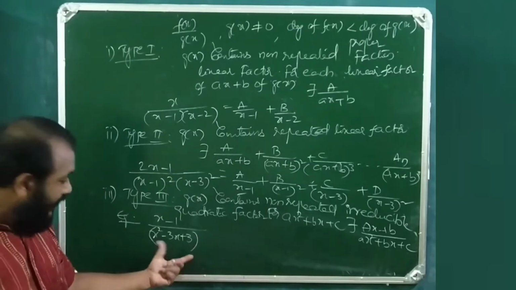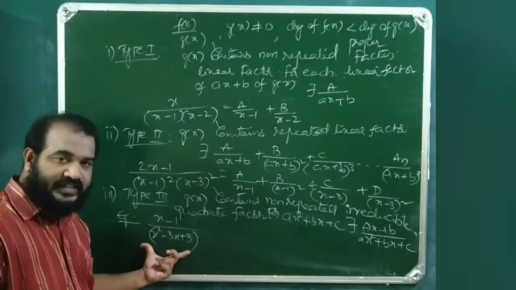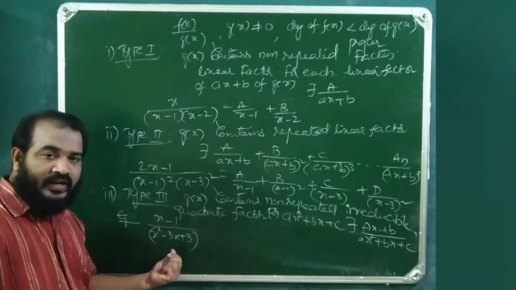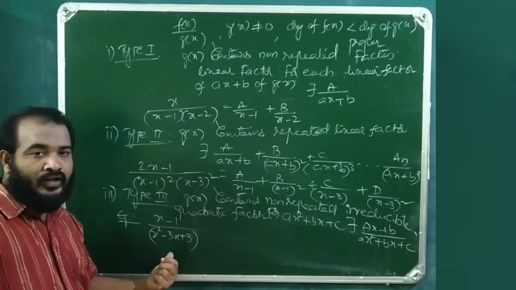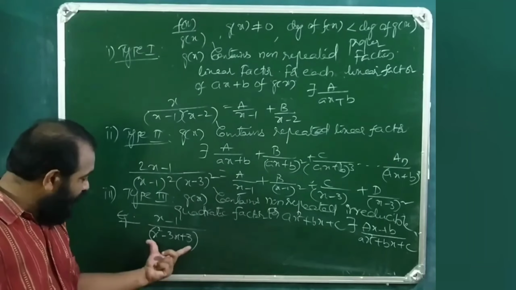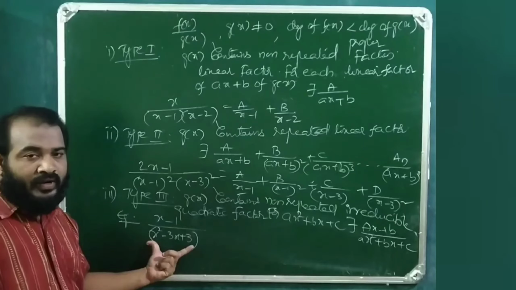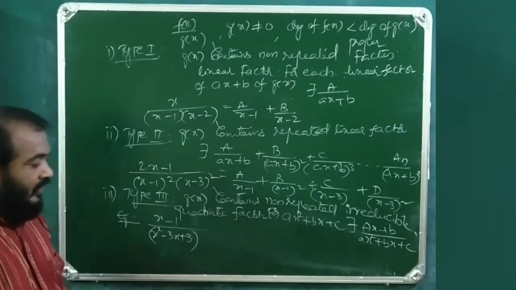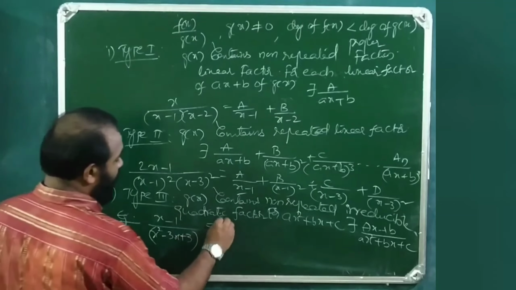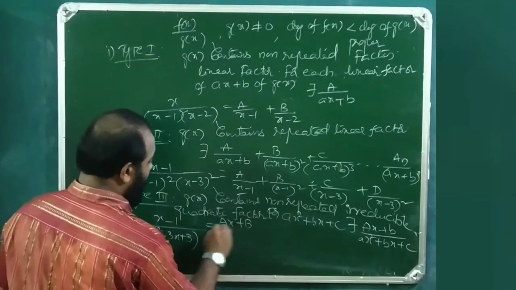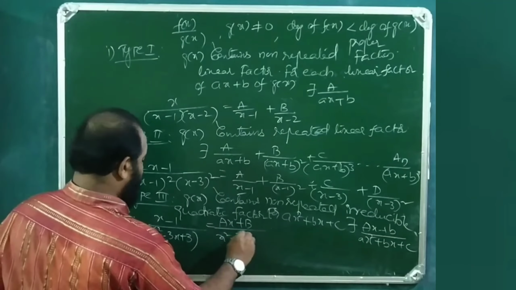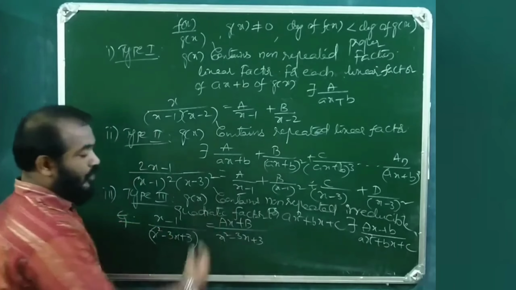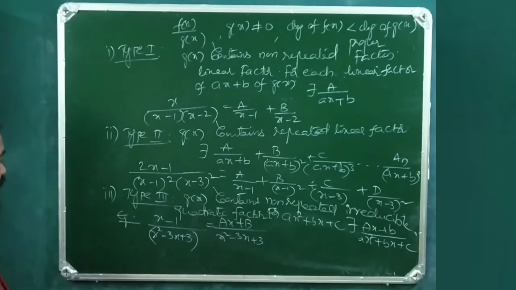So 9 minus 12 is minus 3, which is less than 0. Therefore, it doesn't have real roots. Therefore, it is said to be an irreducible quadratic factor. For every irreducible quadratic factor, there corresponds a partial fraction of the form (Ax plus B) by (x square minus 3x plus 3), and A and B are to be evaluated.